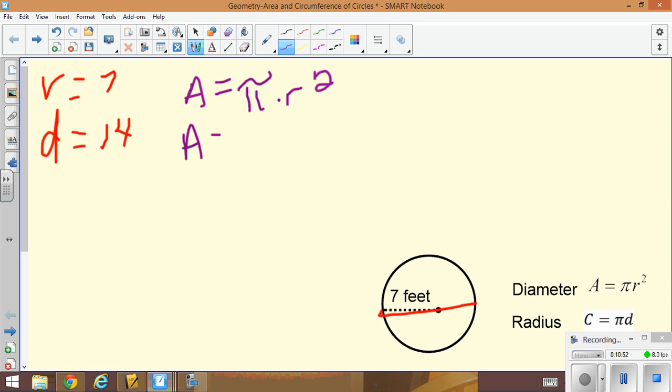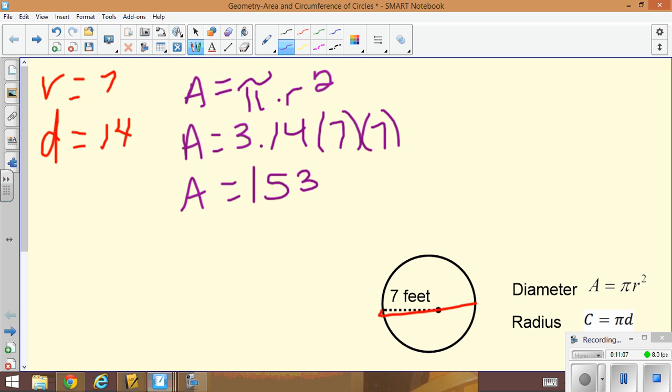So area equals 3.14 times the radius twice. So area equals 3.14 times 7 times 7. Solution, 153.86 feet squared.